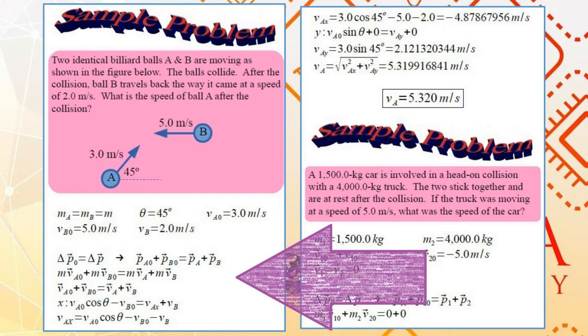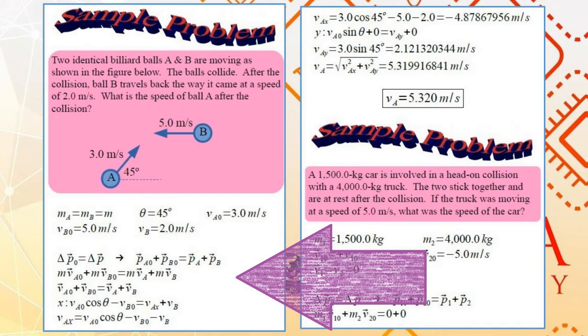The two billiard balls are identical. They have the same mass. So MA is equal to MB. Let that be equal to simply M. Let angle theta be 45 degrees. Before the collision, the speed of A is 3 meters per second.